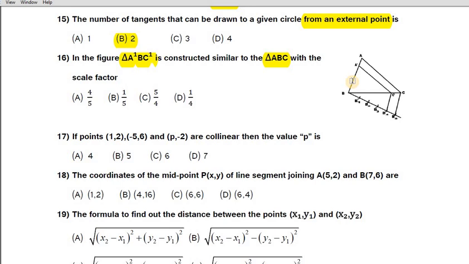Later on they constructed triangle A1BC1. Now identify yourself, A1BC, A dash B C dash, otherwise A1BC1. So this triangle they constructed after triangle ABC. If you observe the figure, we can easily come to know that triangle A1BC1 is smaller than triangle ABC.